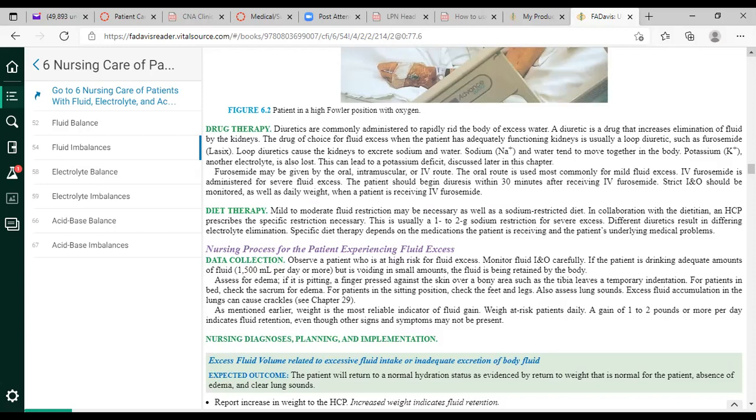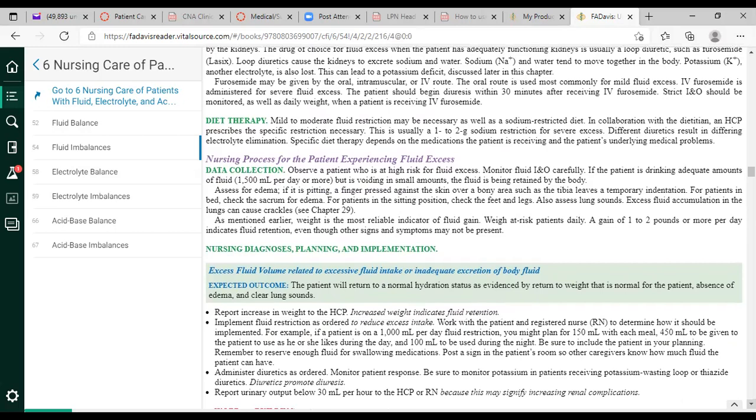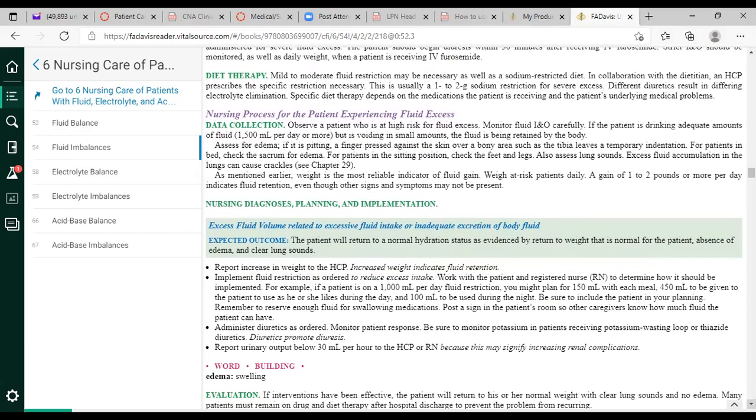We know the patient who is in fluid volume excess requires fluid restrictions, and some patients with heart failure are placed on fluid restrictions as well. And when you think about the dietary orders, the physician will probably order this patient to be restricted from sodium. A patient who's in fluid volume overload may have sodium restrictions because sodium causes the body to retain fluid.